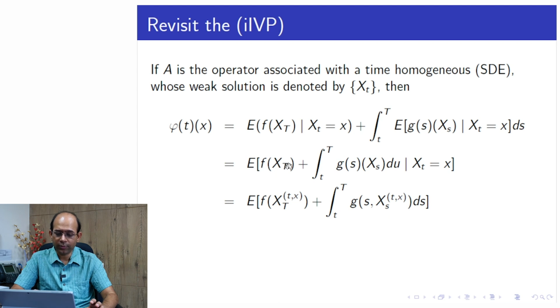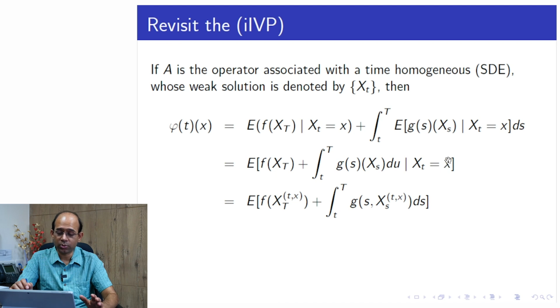Expectation of f of x capital T plus integration from small t to capital T of g of s, xs ds, given xt is equal to x. Okay, so this conditional expectation is outside of these two expressions. So there is an addition of two terms, f of xT and then this. So this is equal to expectation of f of x.